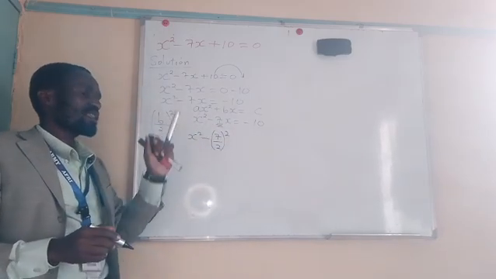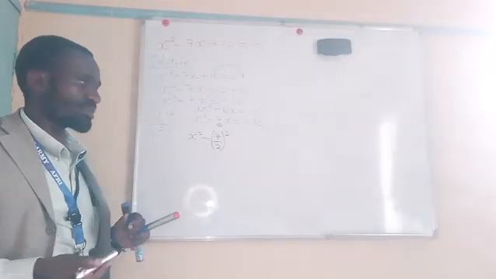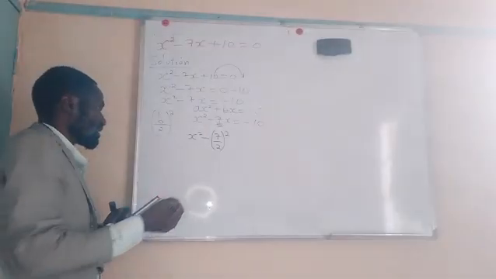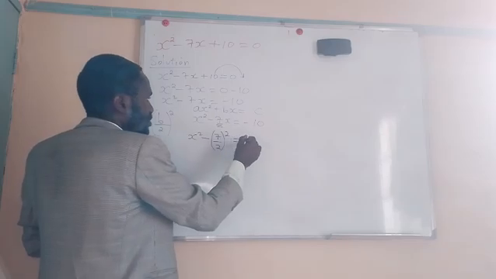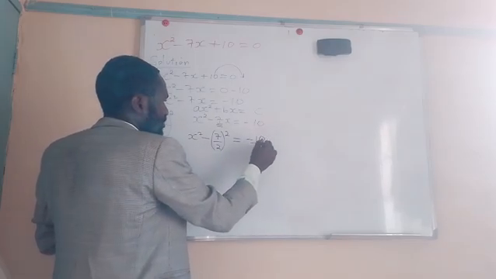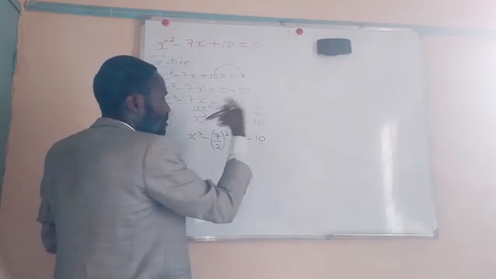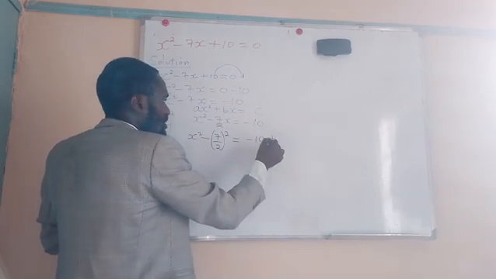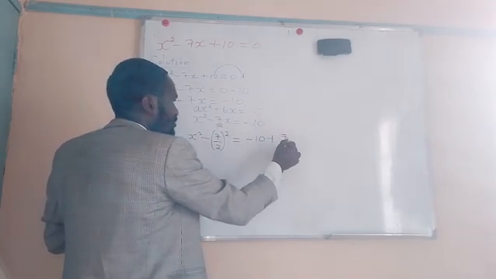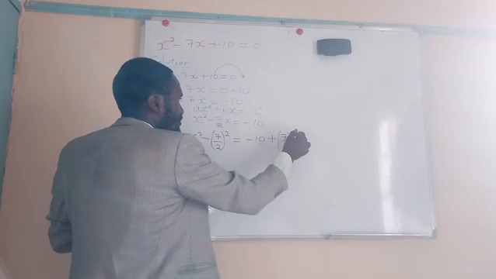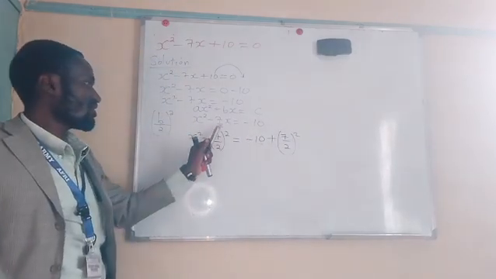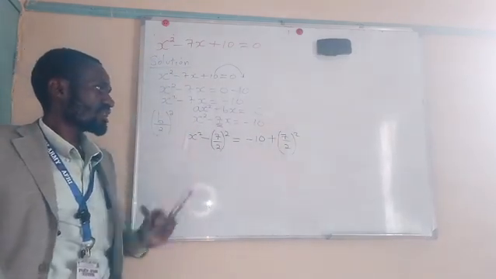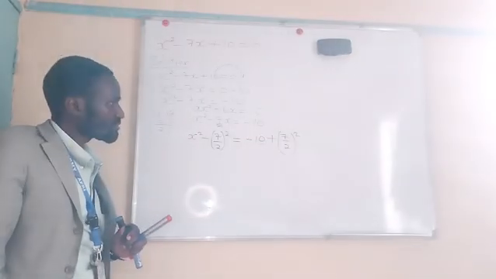There's no need for me to write again that x. You can literally drop it at that point. It still works well for us. So that must be equal to negative 10. Of course, we are completing the square, so we still do the same thing. So we shall say 7 over 2, and this is also squared.